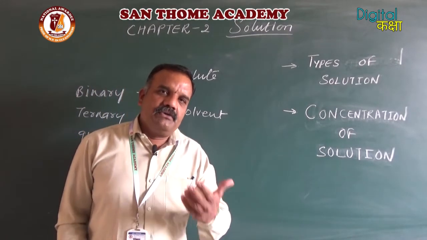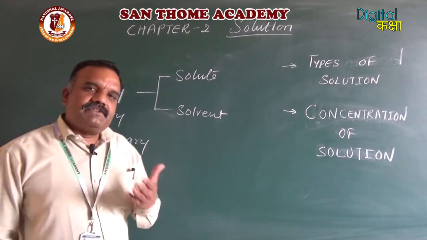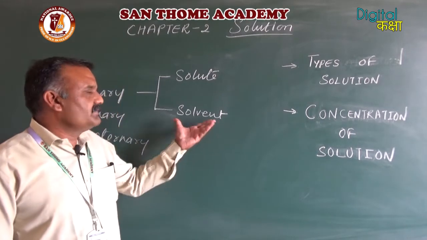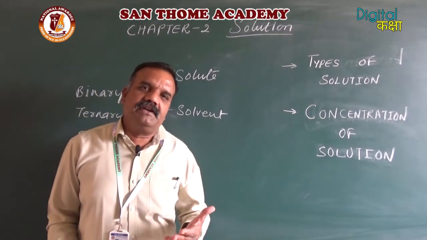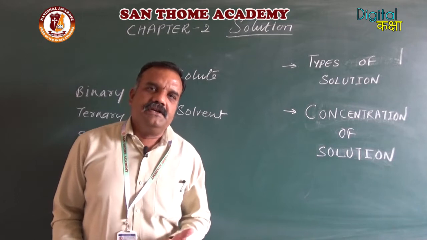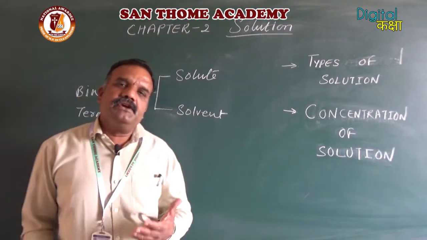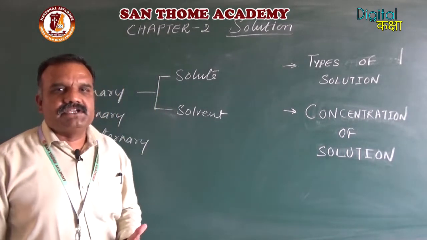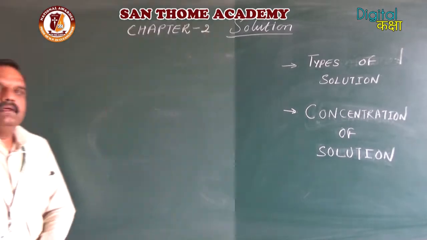We know that the state of the solution depends upon the state of the solvent, meaning whatever the state of the solvent, that will be the state of the solution. So we can define solvent as the component whose state resembles the state of the solution.